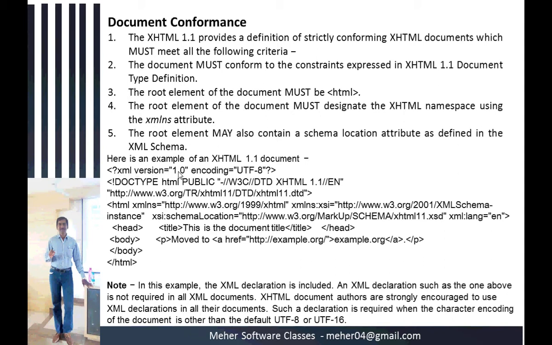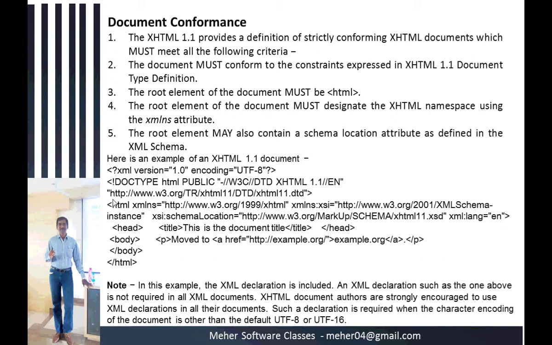Version equals 1.0 in quotation marks as an attribute, encoding UTF-8, which is the default. Next is the DOCTYPE HTML PUBLIC, that is the specification of where we are getting the site of the specifications. The last one is the DTD, document type definition. Here xmlns equals the XML namespace specification. Later we can discuss this, and this statement can be defined later.